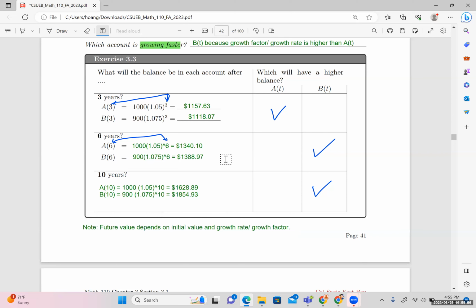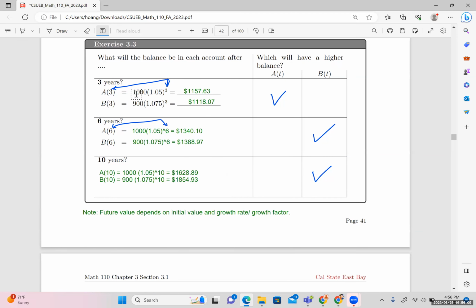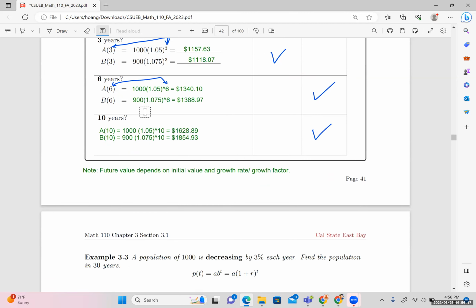But in the first 3 years, you can see that company A still has a higher balance, right? The reason is in company A, I used an initial amount of $1,000, and company B was just $900, right?